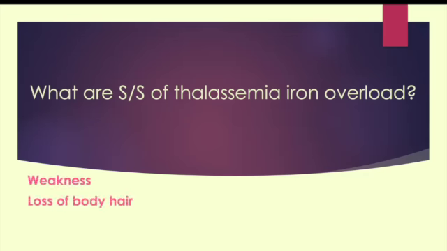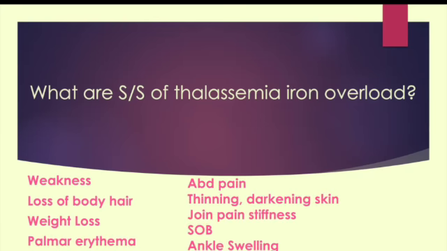So they'll have weakness, loss of body hair, weight loss, pulmonary erythema. They also have abdominal pain, thinning, darkening skin, that combines with the loss of body hair, and then joint pain, stiffness, shortness of breath, and ankle swelling. Ankle swelling, I always forget about that one, that could be iron overload.